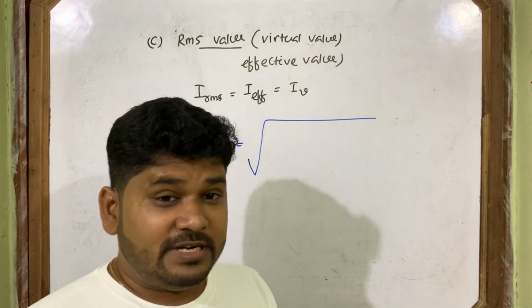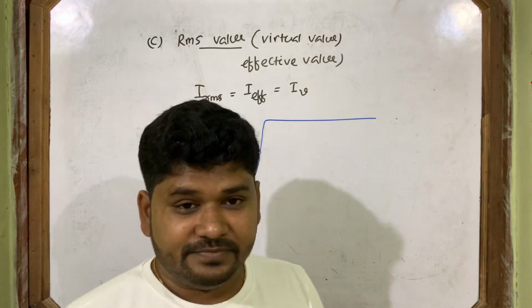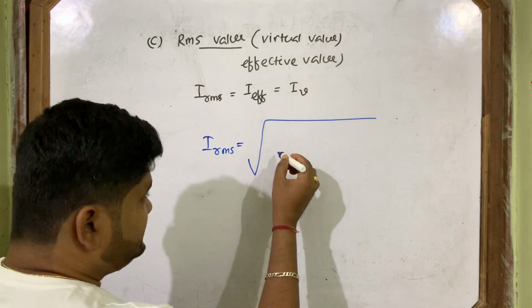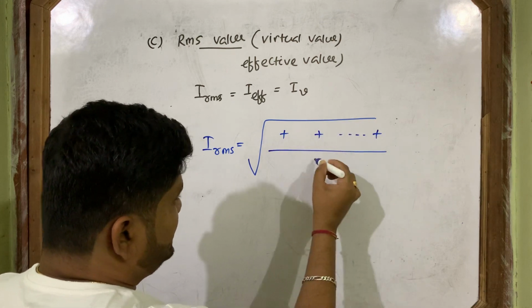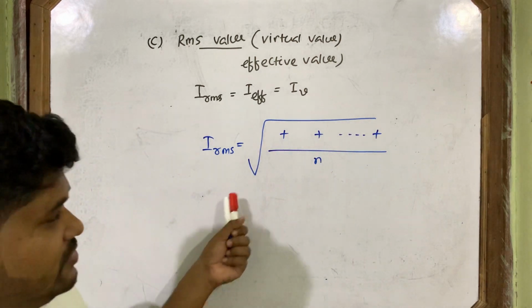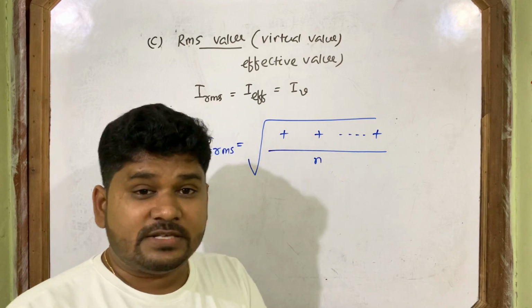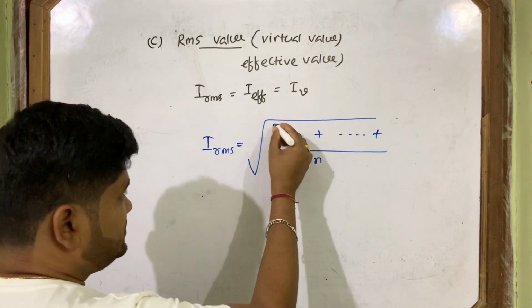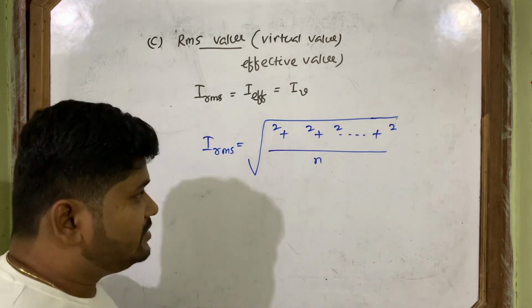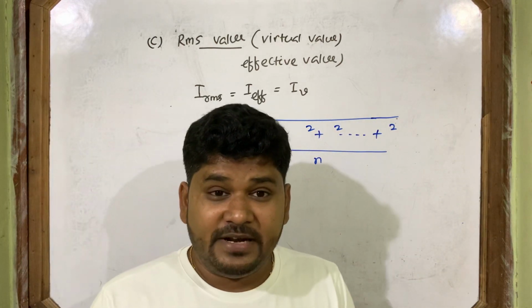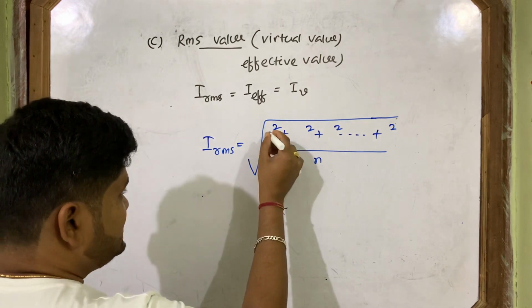Okay, first I told it is the square root of mean of something. Okay, mean of squares of something. Squares of what?